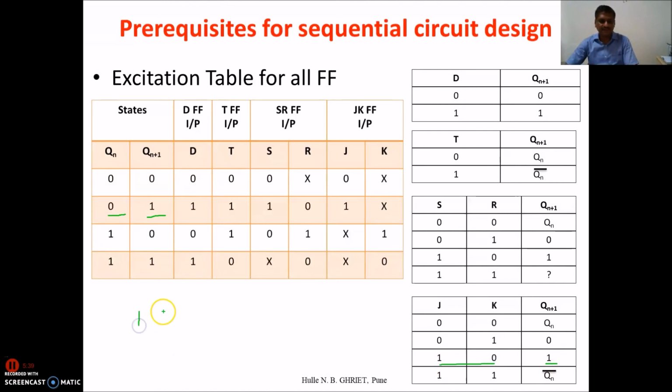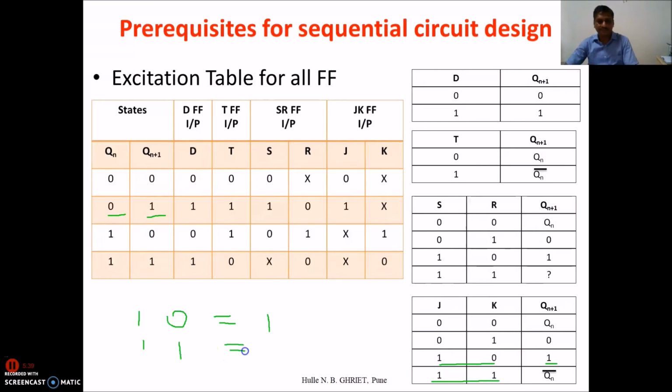If we apply the input 1 0, the next state will definitely be 1. The other possibility is 1 1, where we are complementing the state. Present state is 0, next state we want the complement. In that case, the applied input should be 1 1, because then the next state is the complement of the previous state.